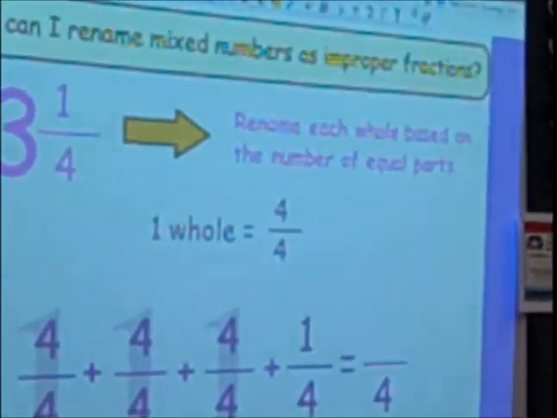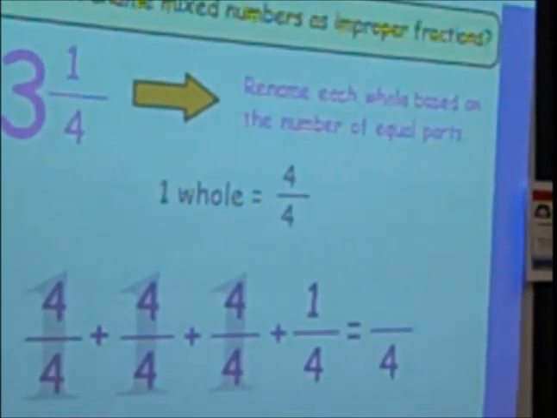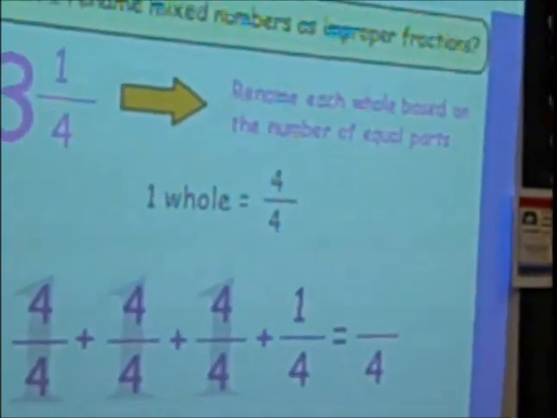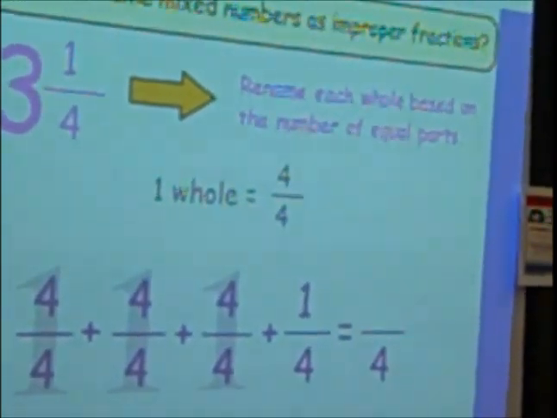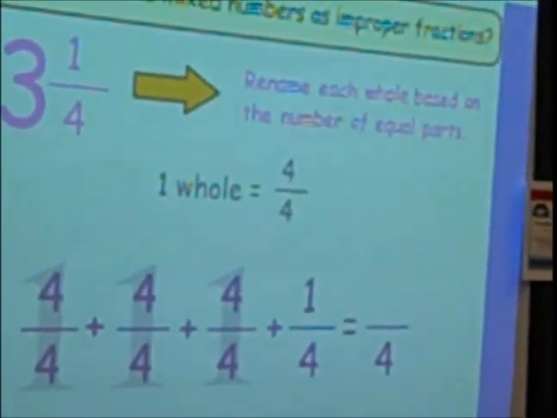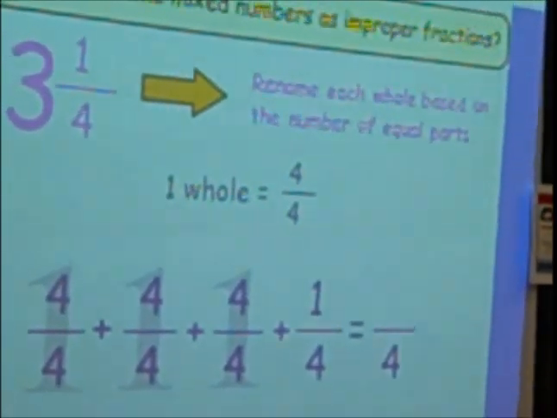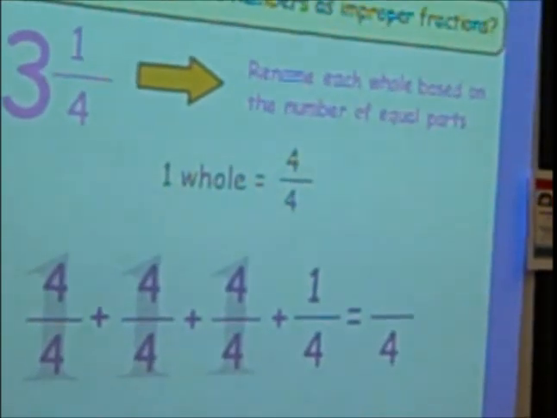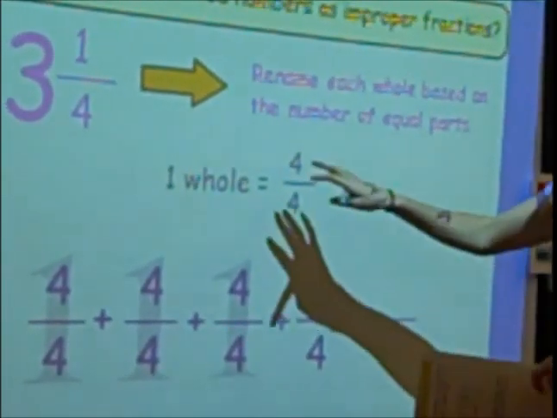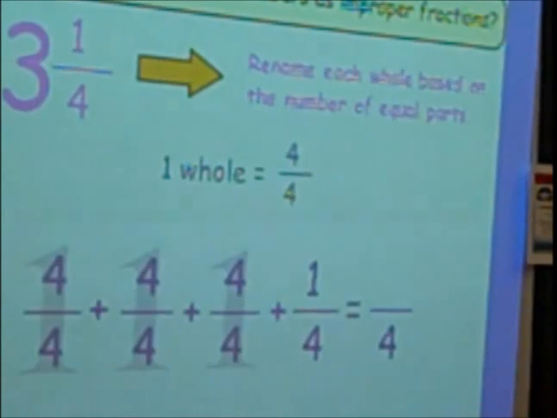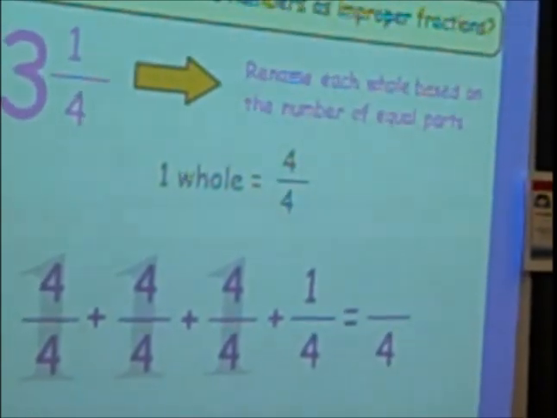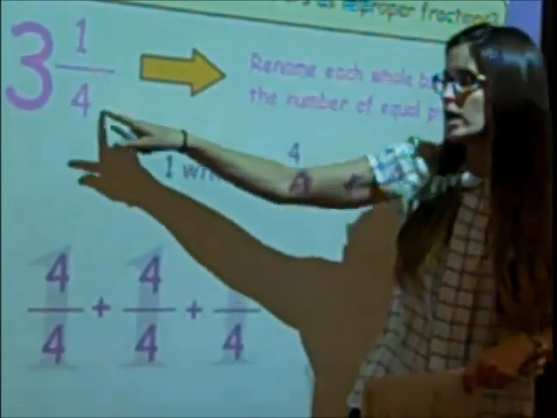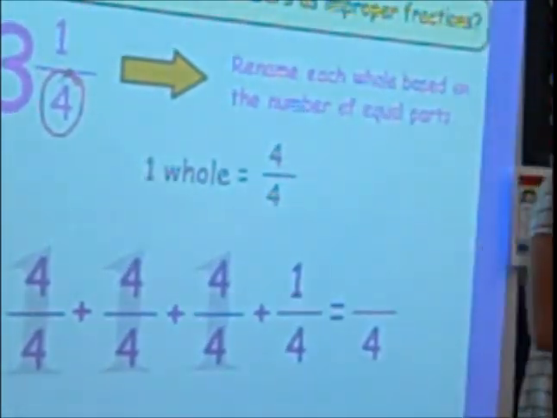All right, so we can also, instead of drawing pictures all the time, because when you have 7 and 4/10 of something, you're going to get tired of drawing 7 pictures, this gets to be a lot. So we teach them that you need to rename the whole based on the number of equal parts. So here we have 4 in a whole.